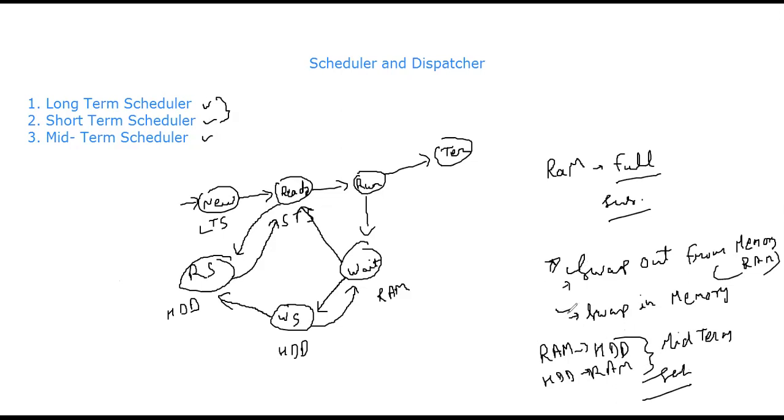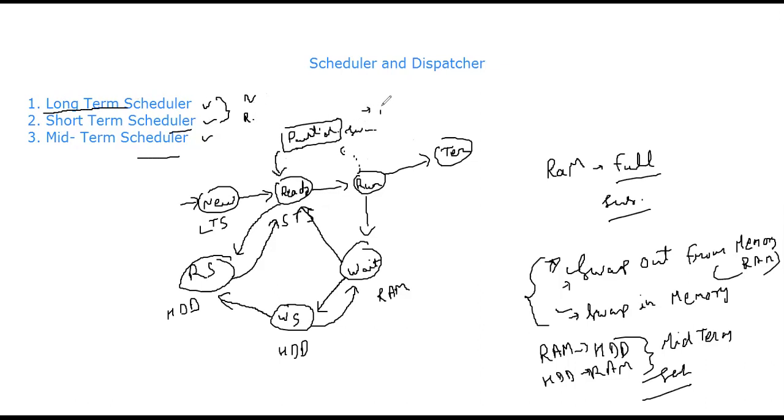Be careful. Generally, once you study a book, you always get confused with respect to the mid-term scheduler. The first two schedulers are quite easy to understand. Long-term scheduler, straight away, new state. Short-term scheduler, straight away, ready state. But for the mid-term scheduler, in the book it is given like this, that in running, it is written partially swapped out and then swapped in.